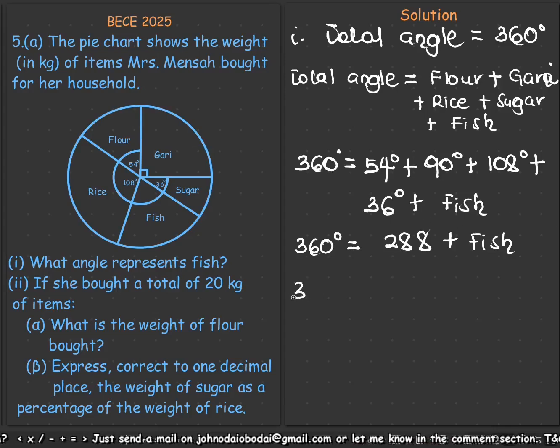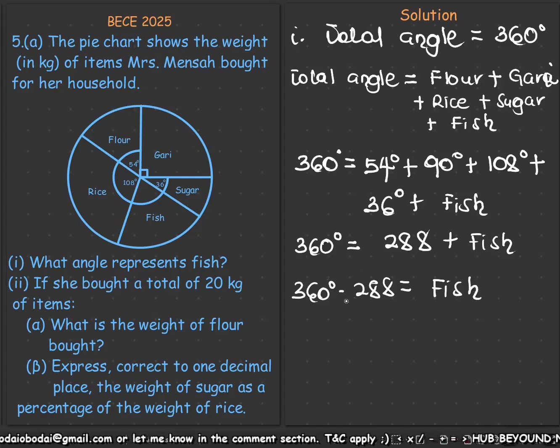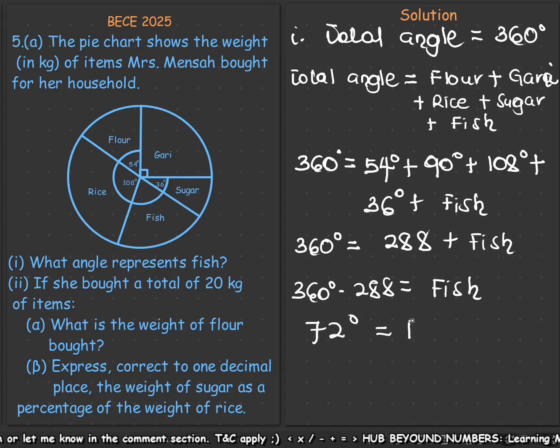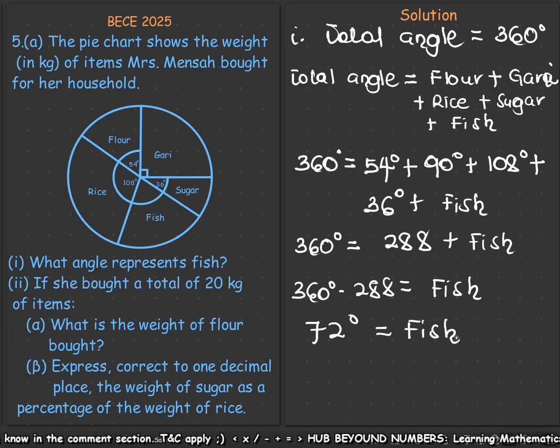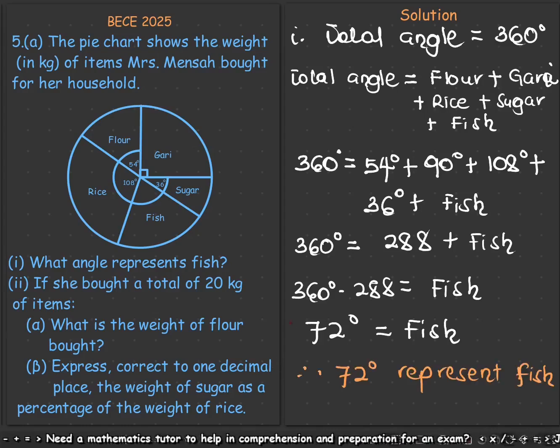So we get 360 degrees minus 288 is equal to that of fish. 360 minus 288 gives us 72 degrees. Therefore, the angle that represents fish is 72 degrees. And that will be our answer for the first one.